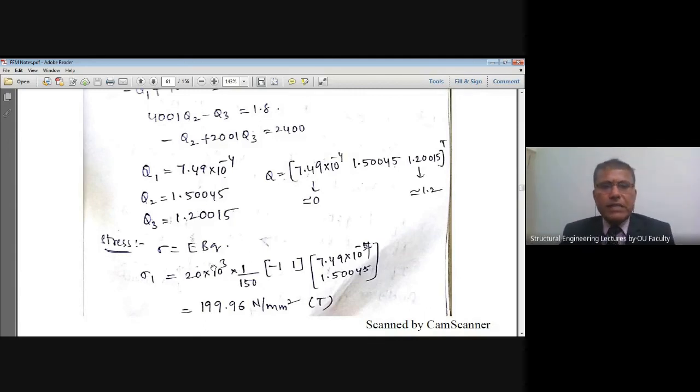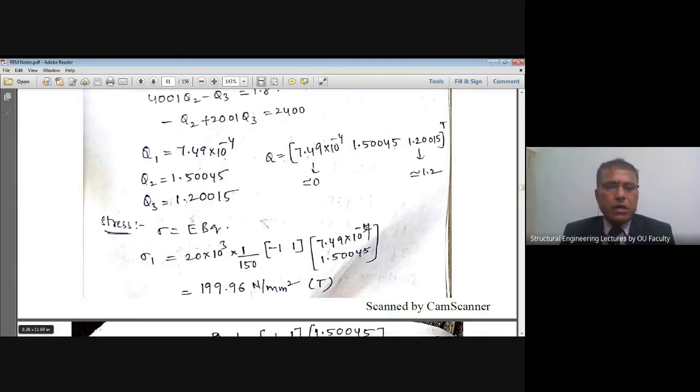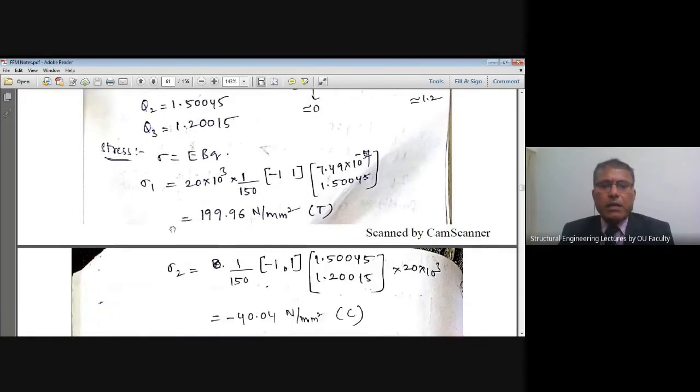And once I get this, students, now I'll calculate the stresses. The stresses are calculated here using the regular concept, right? Sigma is equal to EBQ. That E is already given for the problem, 20 to the power 3. B is 1 by L, 1 by 150, minus 1, 1.